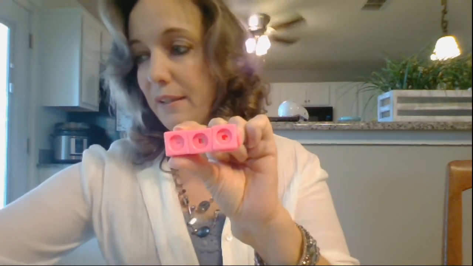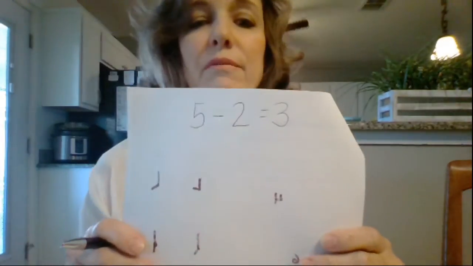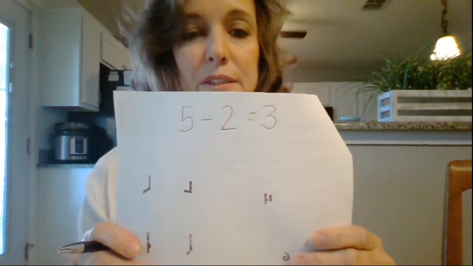And if we take it away, how many are we left with? 5, take away 2 is 3. That's how you do a how many more, okay? That's what it looks like when you build it with blocks, and that's what happens when you subtract. It's a how many more problem.